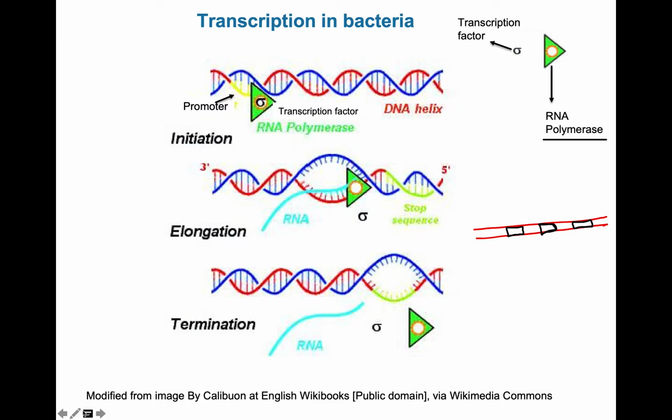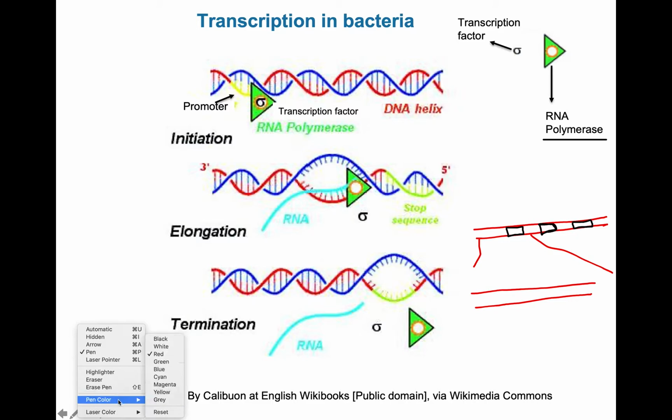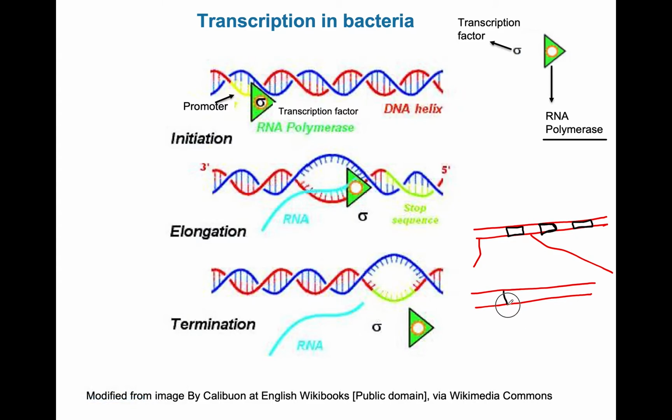happens. So I'm going to keep my coloring consistent. Let's say we're going to zoom in on this area, okay, so then we have the gene sitting here. Let's say this is a gene that codes for some protein, let's say actin, a component of your cytoskeleton, whatever it is.